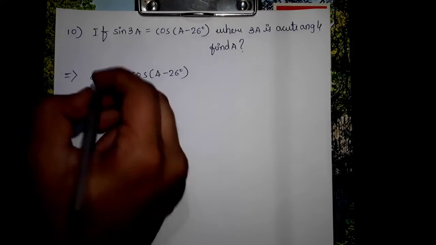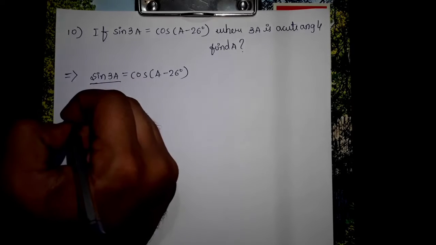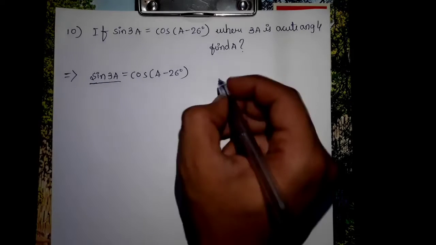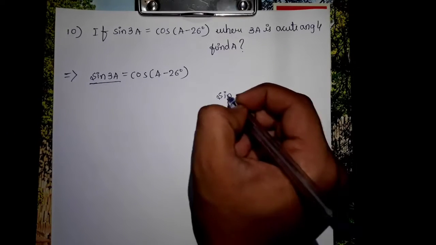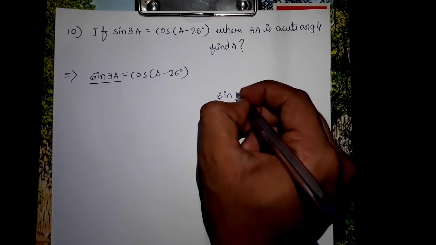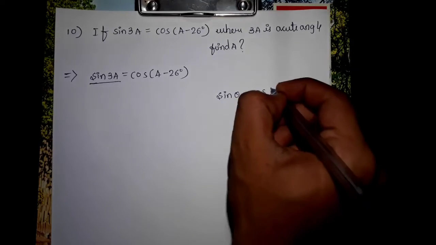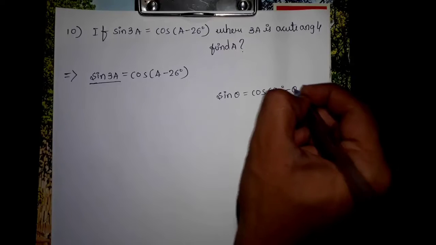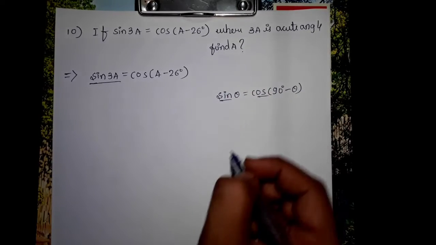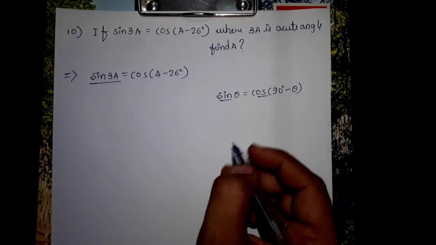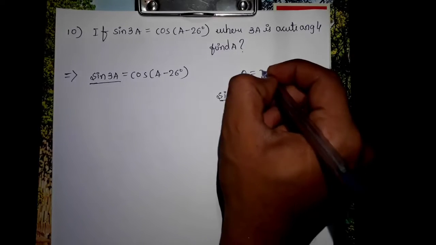Now we have to apply the complementary relation to sin 3a. What is the complementary relation of sin? Sin theta is equal to cos of 90 degree minus theta. Sin and cos are complementary to each other. Now I will substitute theta is equal to 3a.